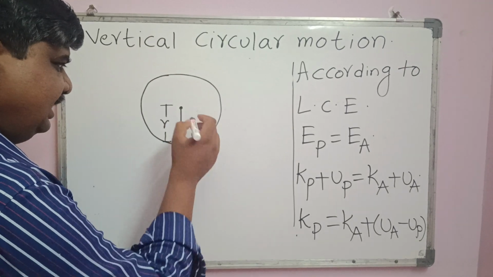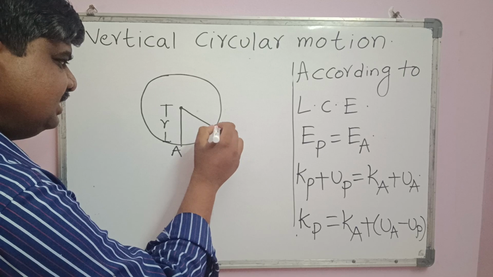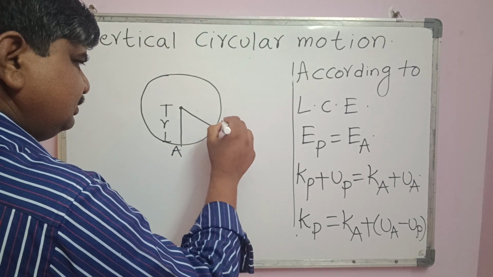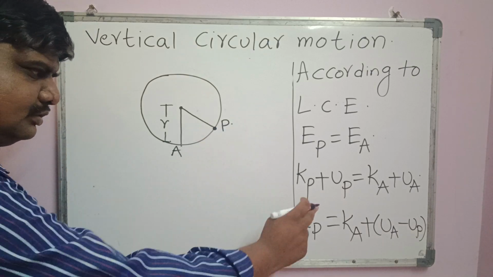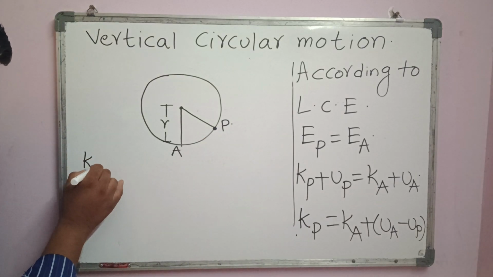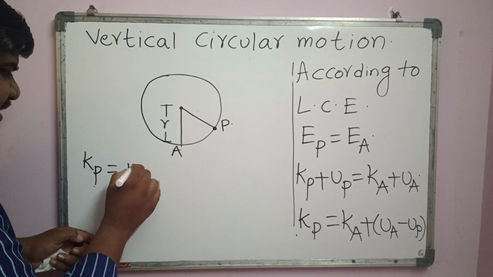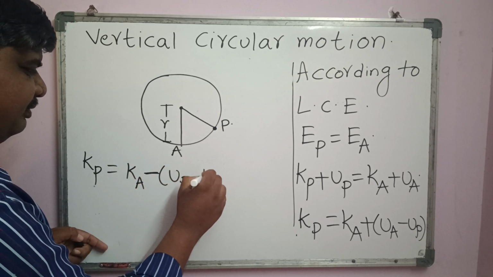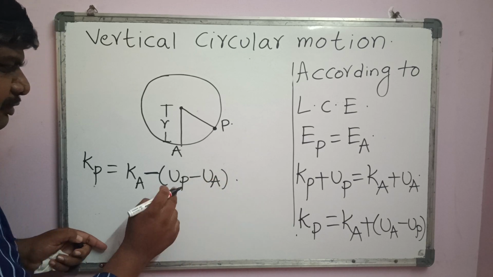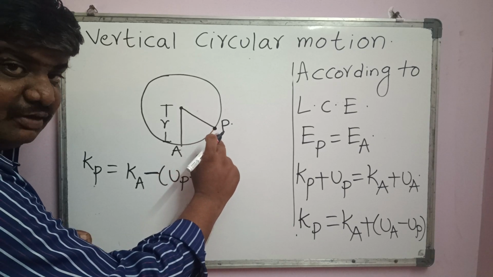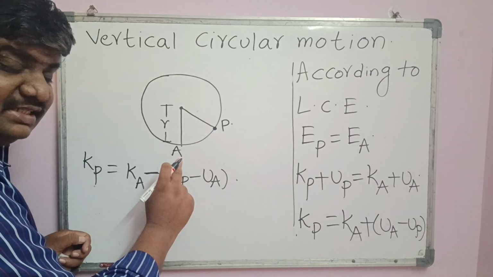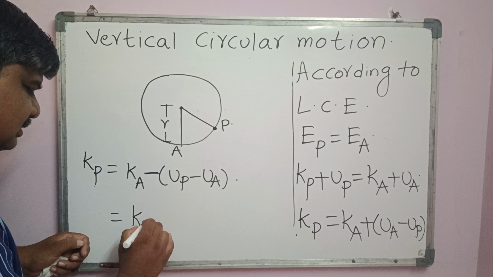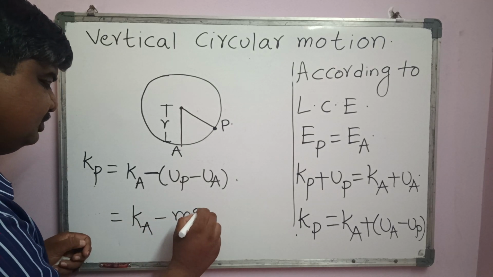This is position A and here is position P. Now we can write Kp as Ka minus (Up minus Ua), where Up is the potential energy at point P and Ua is the potential energy at point A. This Up minus Ua can be written as mgh.